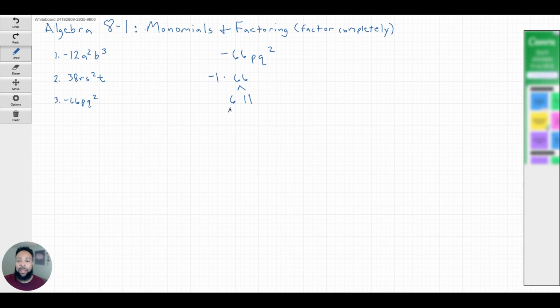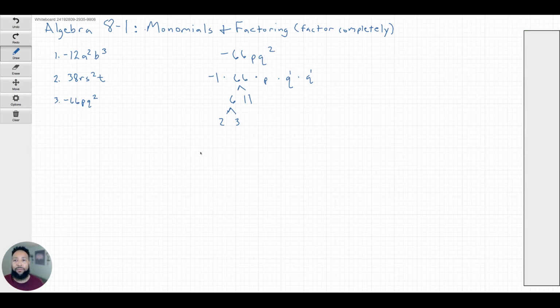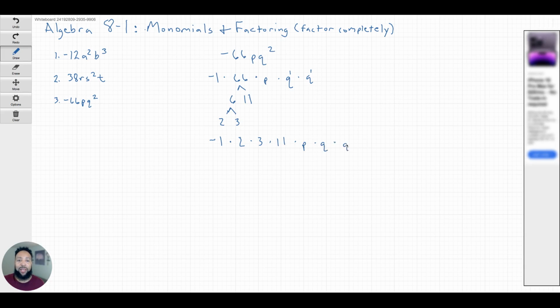Then when we take the 6, we could also do 2 times 3. So then we have our p, and remember our q squared is just q times q, q to the 1 times q to the 1. Add exponents, you have q squared. So now, in order to factor this completely, we have negative 1 times 2 times 3 times 11 times p times q times q. And there you have it.